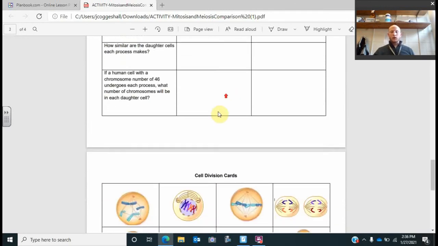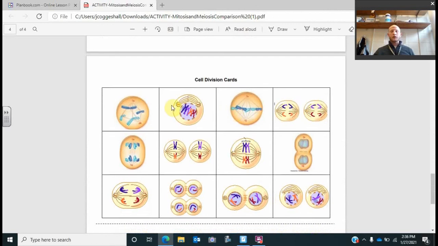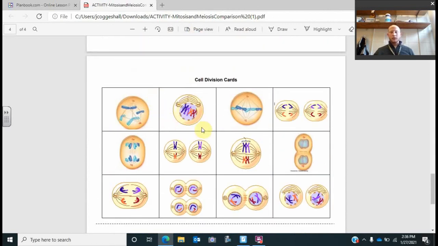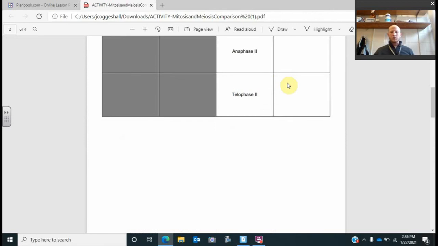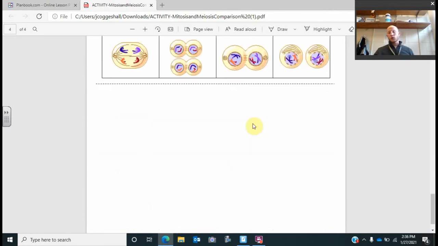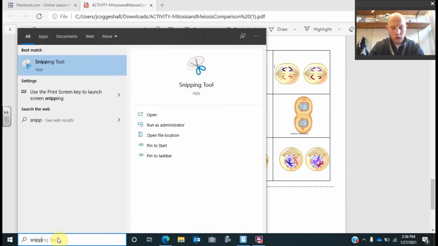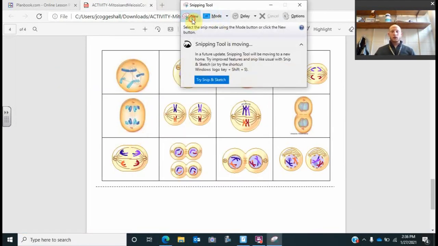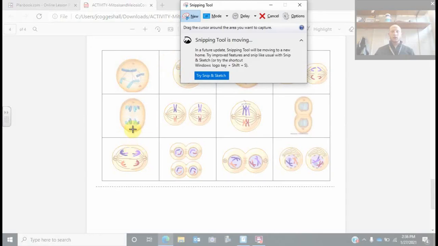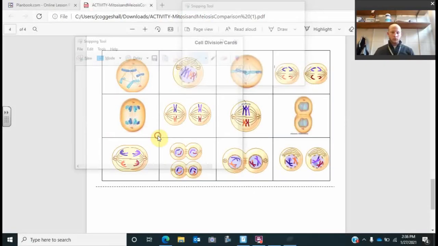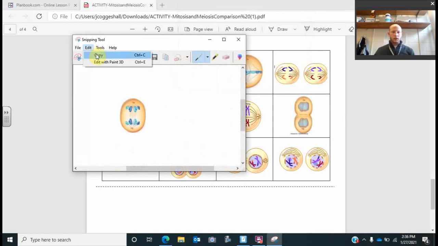Okay? And so here's this, you need to fill this out afterwards, but here's these guys. So here's these pictures. You guys need to cut these and paste them here where they should belong. This would work out super well if I use the snipping tool. Oh, this is so good. I didn't think about this until now. So if I take my snipping tool and look at this, all right, so I copy.